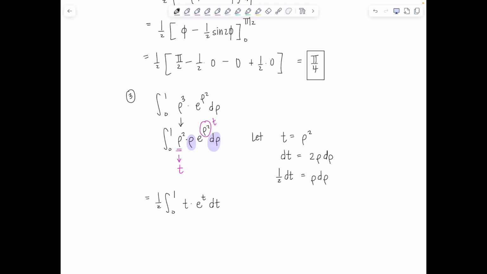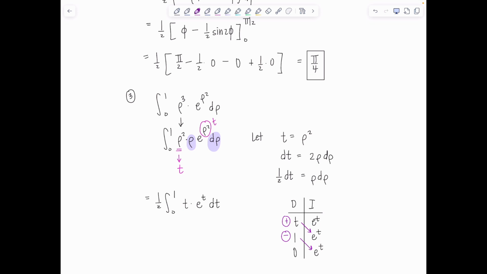Good? Okay, then from here, you could just do classic by parts. Let's just do tabular, because it's faster. So we have, in the first column, t, and then 1, and then e to the t over here. So keep going till they match. And then we'll have plus, minus.